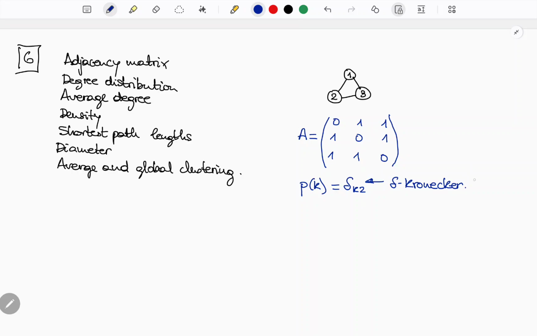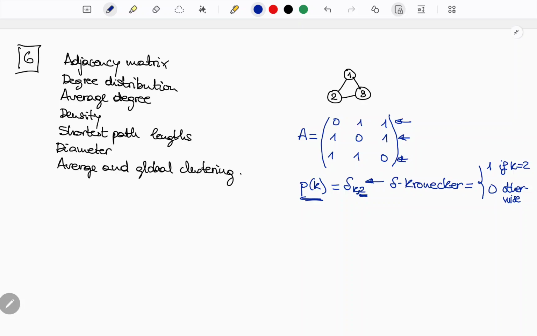So it means that, in this case, because I have the 2, with a comma separating both numbers, it's going to be 1 if k is equal to 2 and 0 otherwise. Okay, so that's the idea. Since all nodes have degree 2, this is what we obtain. Remember that this degree distribution can be obtained just by doing the addition by rows here, okay?